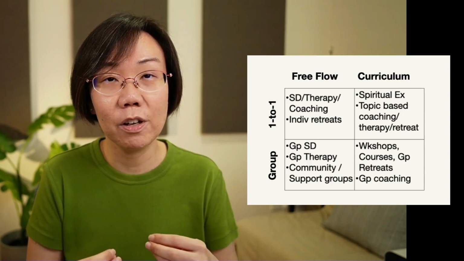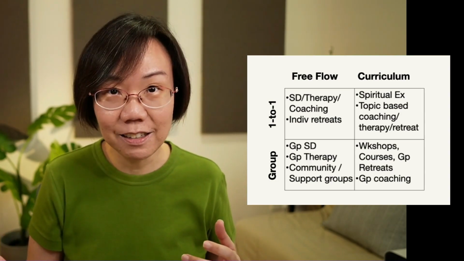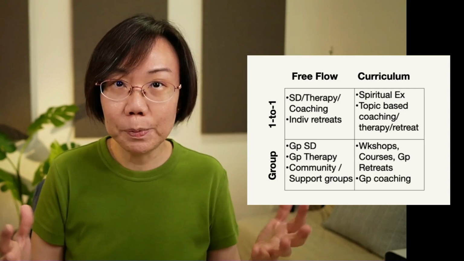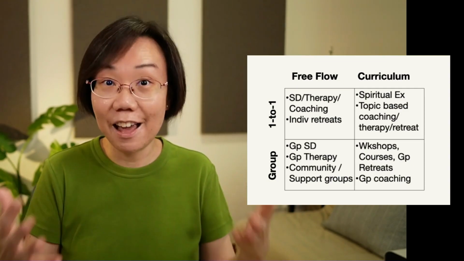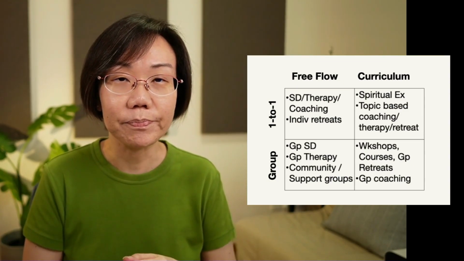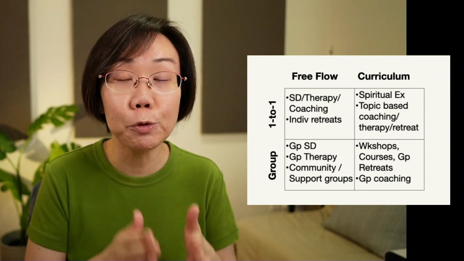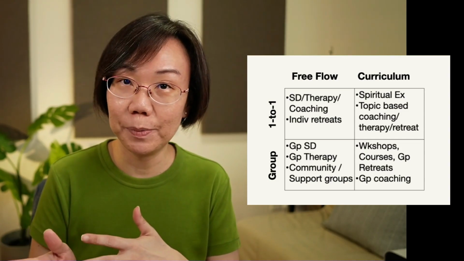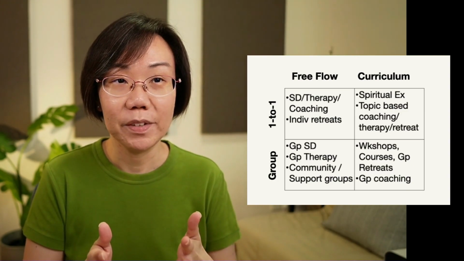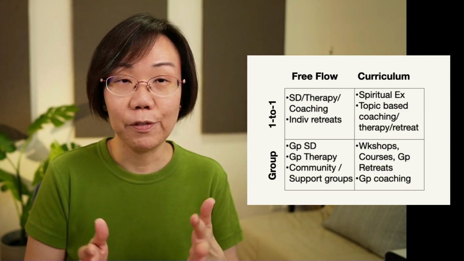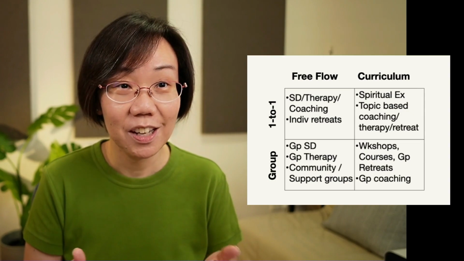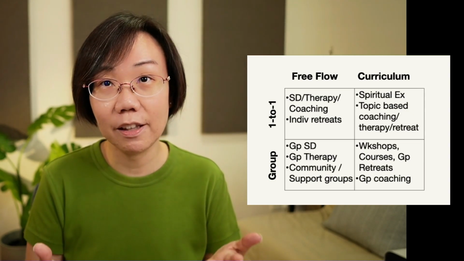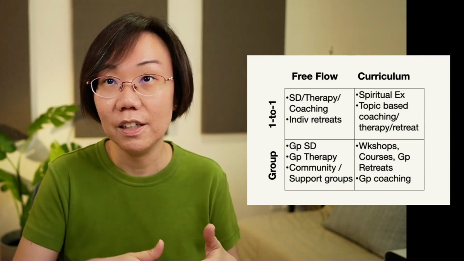Usually, there's no clear start or clear end to the group container. It's there to support your ongoing journey. And then to its right, you have group and curriculum or structured based. That's where you will find workshops and courses, group retreats perhaps that have a particular structure.